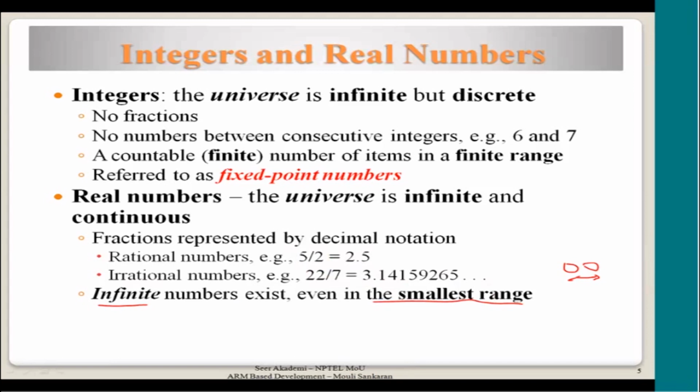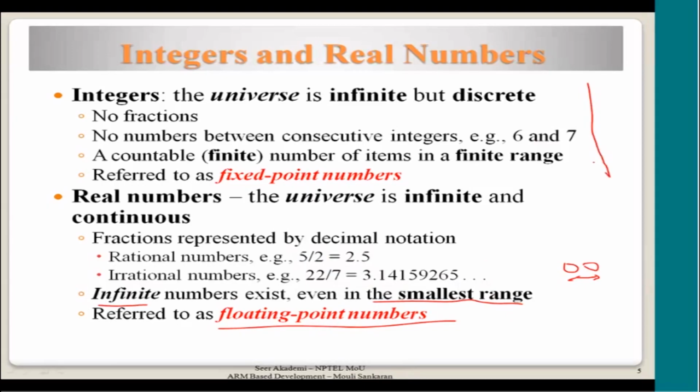This is called floating point numbers. I will tell you shortly why it is called floating point. So remember, the typical integers that we have seen, following 2's complement notation, have a finite count in a finite range, and are called fixed point numbers, and all the real numbers, whether rational or irrational, doesn't matter, are called floating point numbers in the computer world, okay.